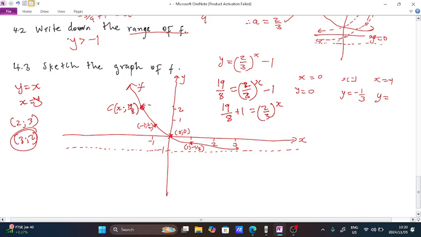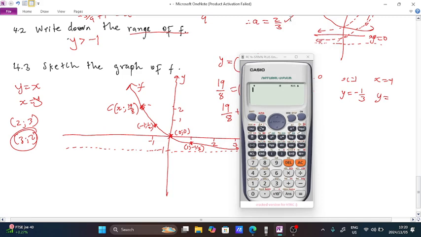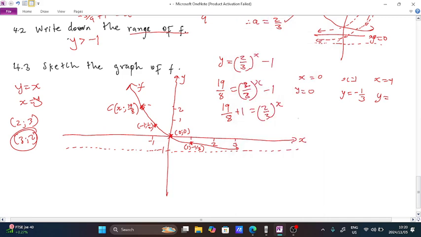What do you get here? 19 over 8 plus 1 is 27 over 8.